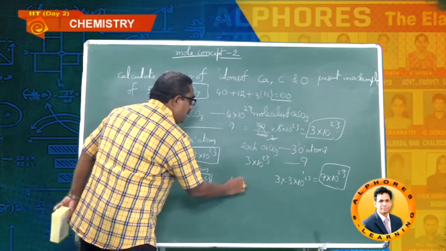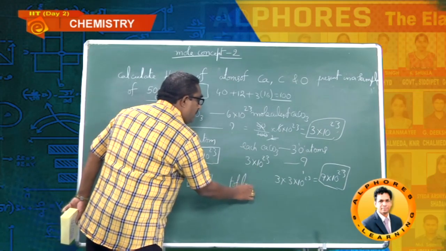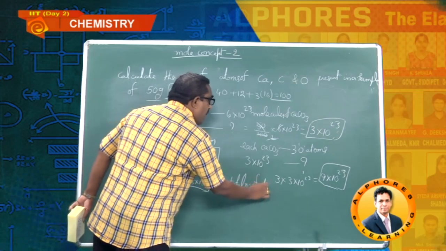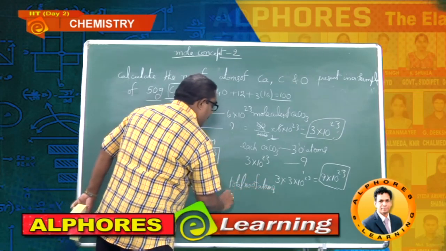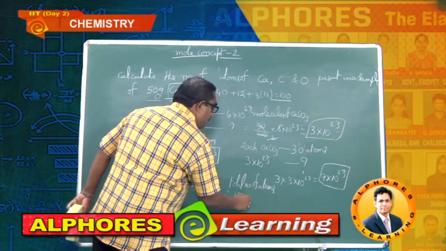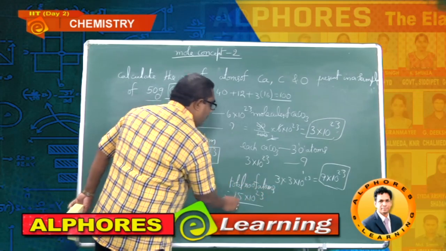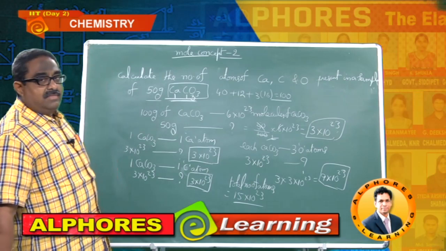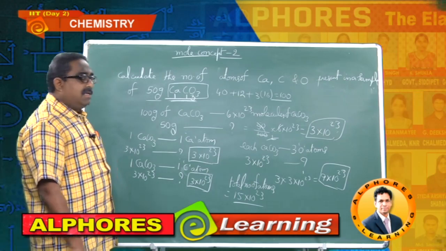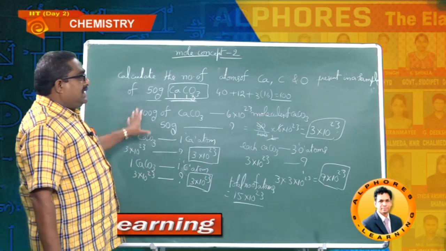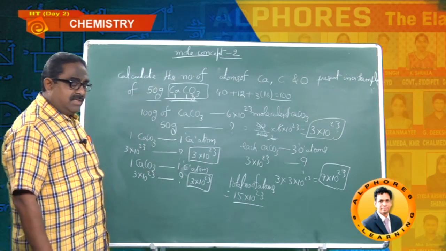I am writing here: total number of atoms is equal to 15 into 10 power 23. So this is the detailed solution for this question.